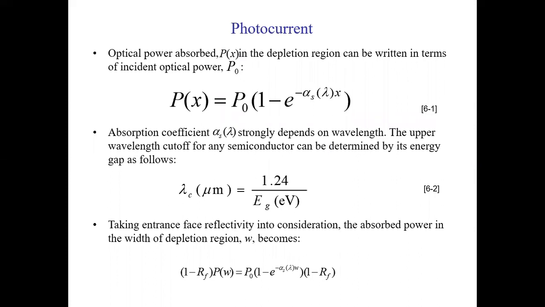Now this can be written in the form like this also, that the optical power absorbed in the depletion region can be written in terms of the incident power. Here it's not I, it's P0. And the absorption coefficient strongly depends on the wavelength. So the upper wavelength cutoff for any semiconductor can be determined by its energy gap as follows.